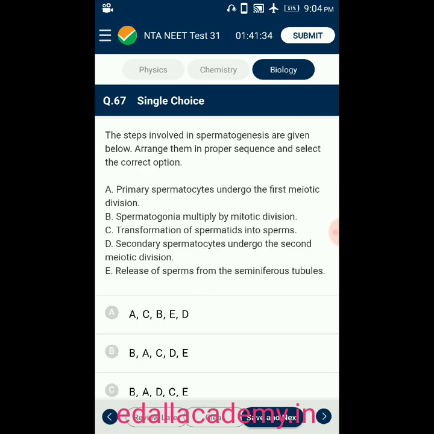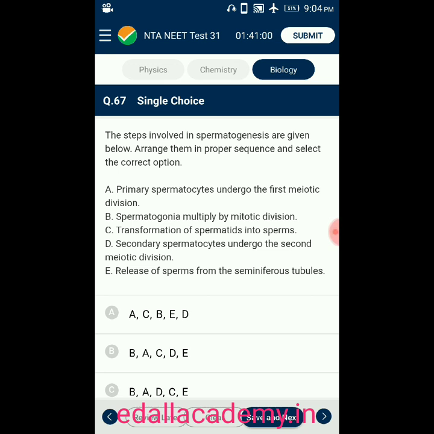Question number 67. The steps involved in spermatogenesis are given below. Arrange them in proper sequence and select the correct option. The process of spermatogenesis is as follows. First, spermatogonia present in seminiferous tubules multiply by mitotic division and increase in numbers. Second, few spermatogonia called primary spermatocytes undergo meiotic division to form two equal secondary spermatocytes.